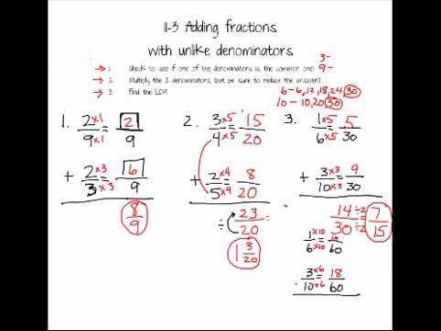All right, let me add. That would be 60, and then that would be 28. Now I just have to reduce. Well, let's start reducing. What goes into 28 and 60? Okay, I'm going to do 2. I'm just going to start small, see where we go from there.